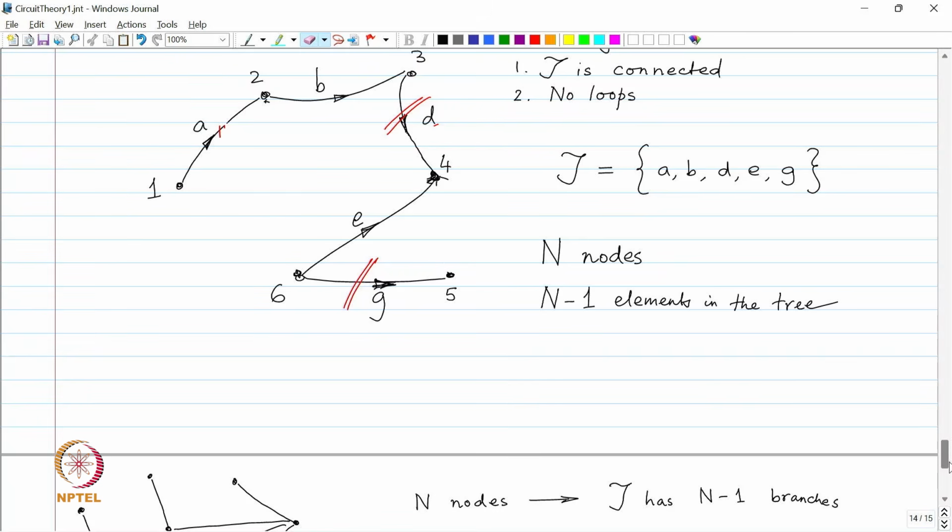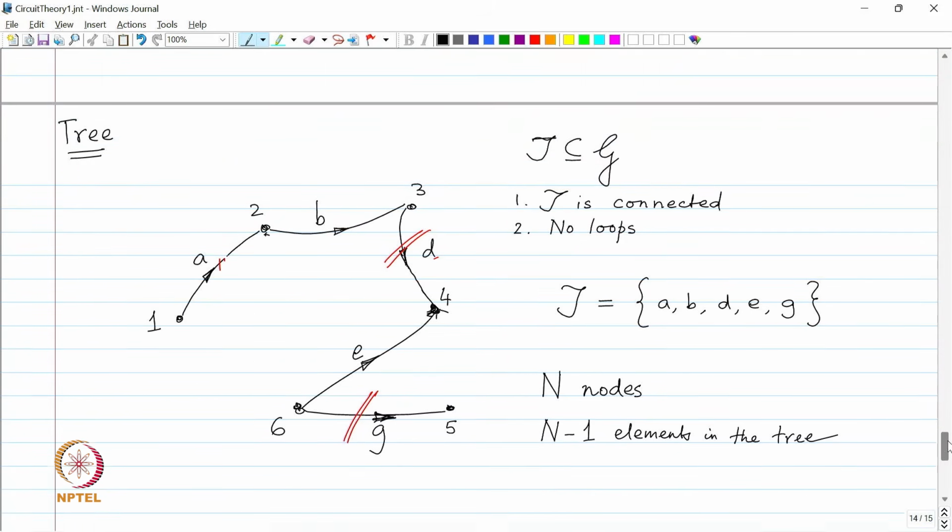All right. So, our tree has 5 branches because we started with 6 nodes. All the other branches, the ones that we have deleted, will create loops. How many such branches?